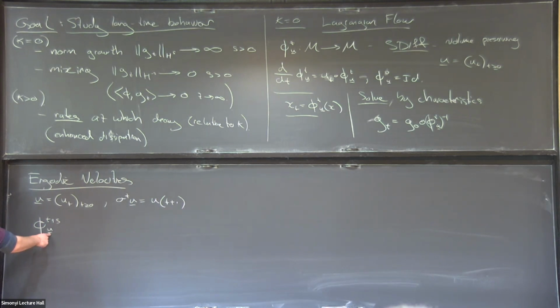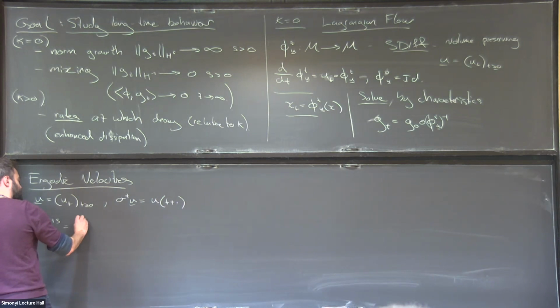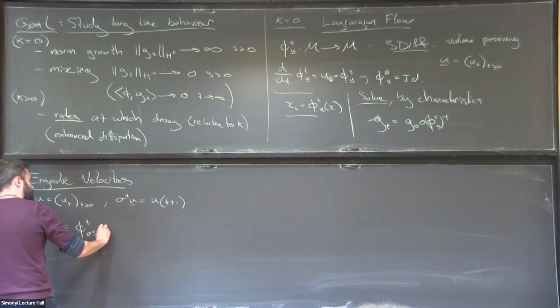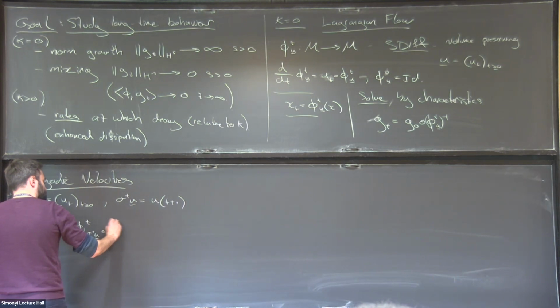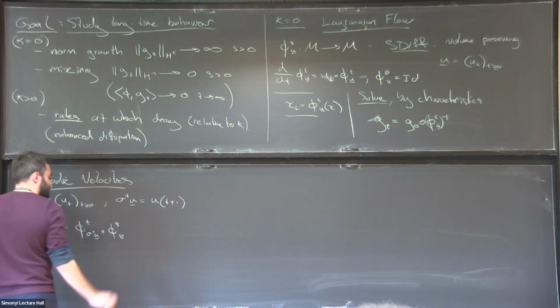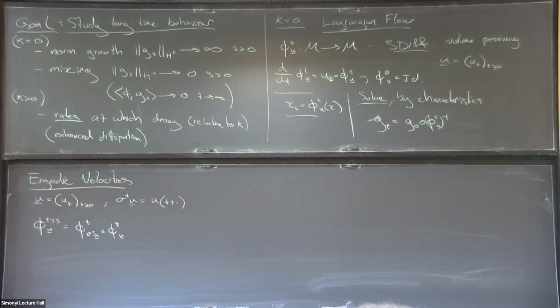But if you account for exactly what time the velocity field is, you can show, for instance, that if I shift the initial velocity, I can decompose the flow at time t plus s as a composition of two diffeomorphisms, where this one has just shifted the flow forward in time a little bit.